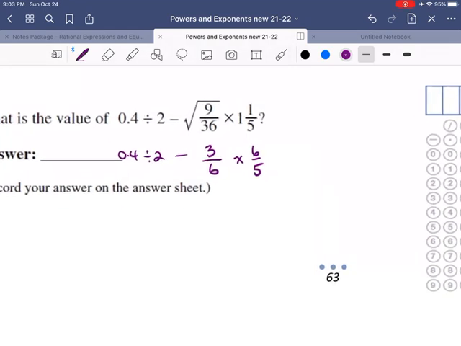Let's do the 0.4 divided by 2 first. So 0.4 divided by 2 is 0.2. And we're going to subtract 3/6 multiplied by 6 over 5. So 0.2 minus 18 over 30.